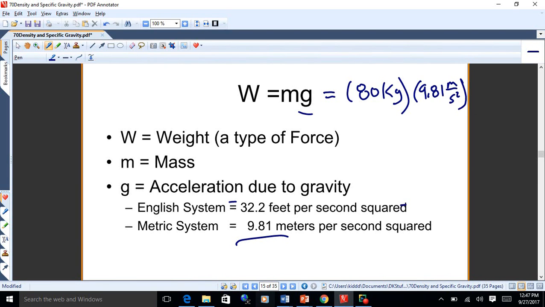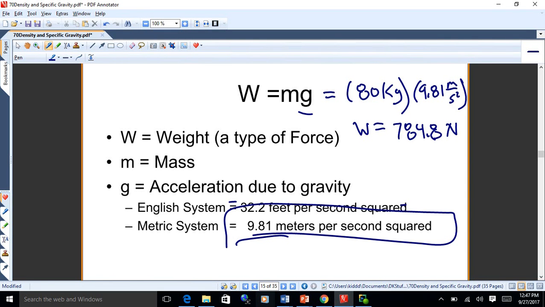When you multiply that out, you get the weight in newtons, which they don't use a whole lot in the metric system. Their scales are in kilograms if they want to know the weight of something. So the weight there would be 784.8 newtons. You take mass, multiply it by gravity, which for the metric system is 9.81, and that will get the weight.